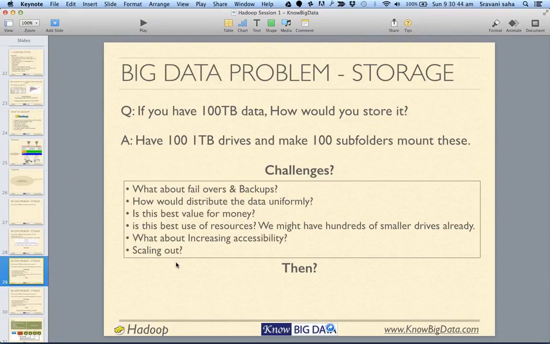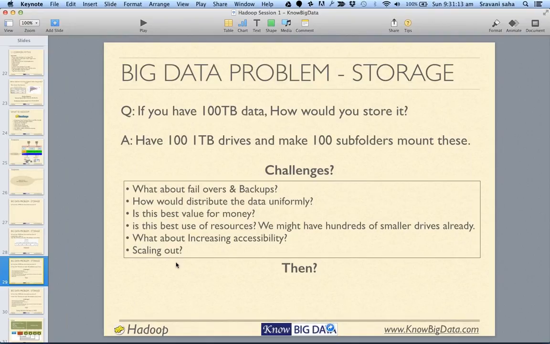These are the challenges in the previous approach. First, what about failure, failover, and backup? In case one drive fails, can somebody else take up its place immediately? That is called failover. In case a drive fails, do we actually have at least one copy left? That is backup.